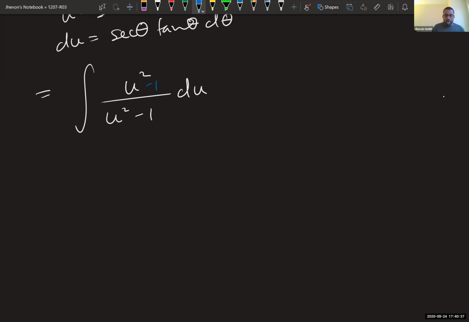You would subtract 1 and add 1. Why would I do that? So that I can split this guy into 1 plus 1 over u squared minus 1. And then recall that there was a rule that the integral of 1 over 1 minus x squared was actually the inverse tanh.